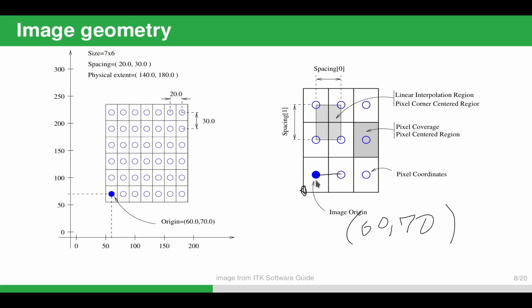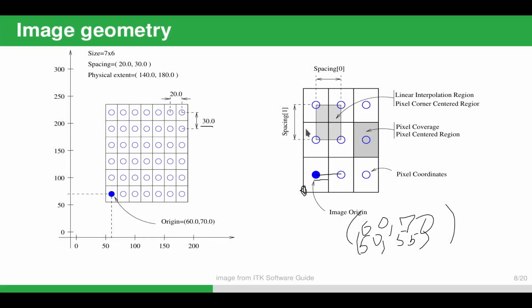That also means that half of this box width is going to be 10. So this point is this point minus half of the box width, which is going to be 50 in x. And similarly, for the same reason, it's going to be 70 minus half of 30, which will be 55. 55 plus 15 is indeed 70. Good.